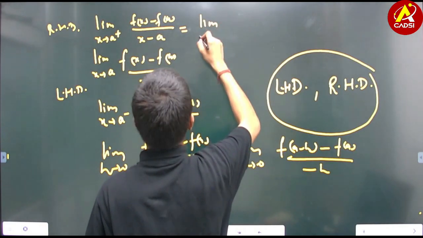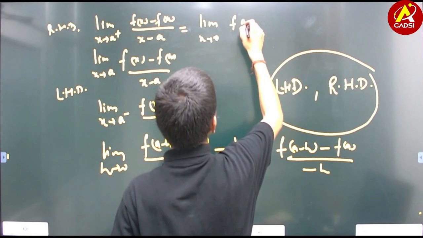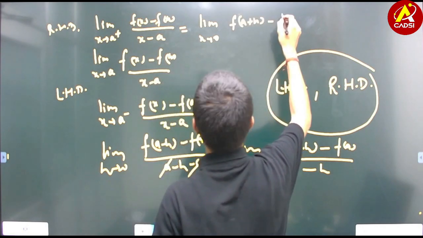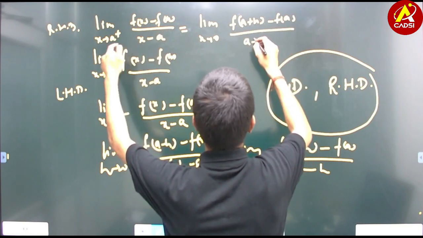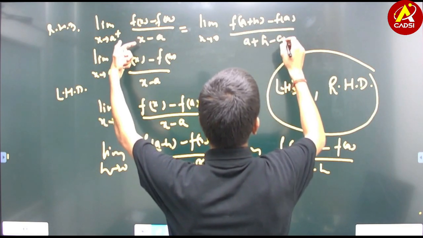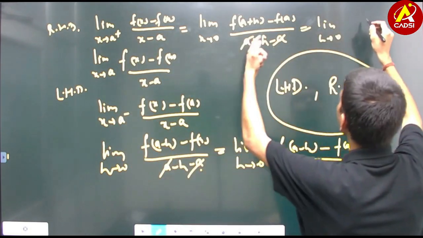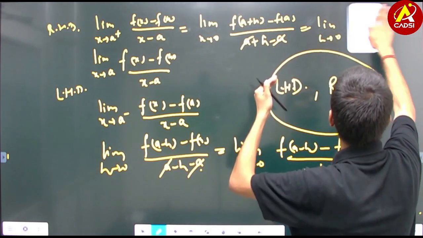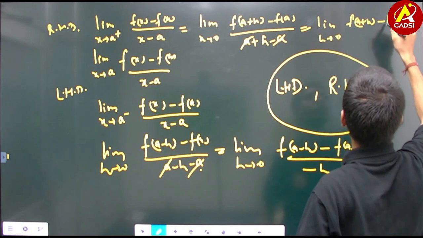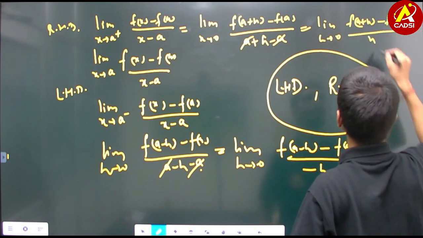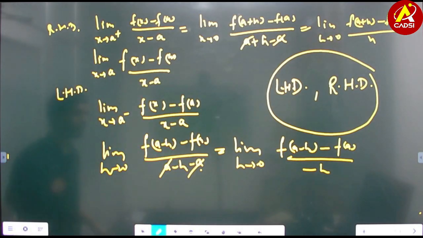Limit x tending to a plus, so h tending to 0, means f of a plus h minus f of a upon a plus h minus a. So here limit h tending to 0 of f of a plus h minus f of a upon h. This is the right hand derivative and the left hand derivative.